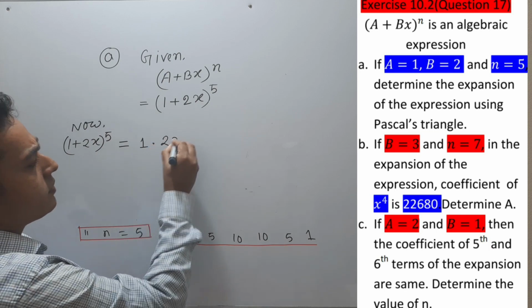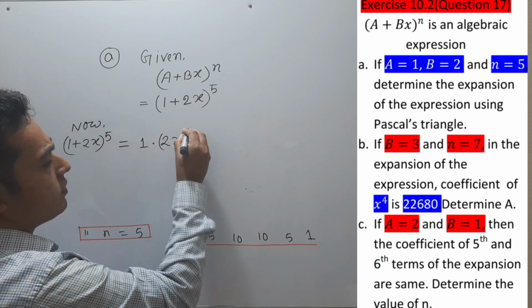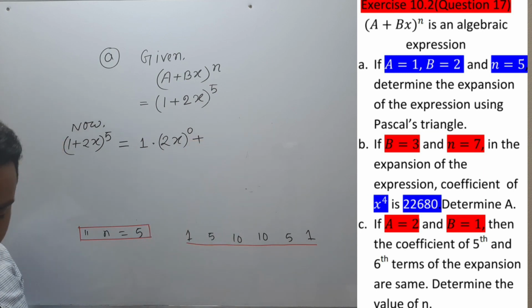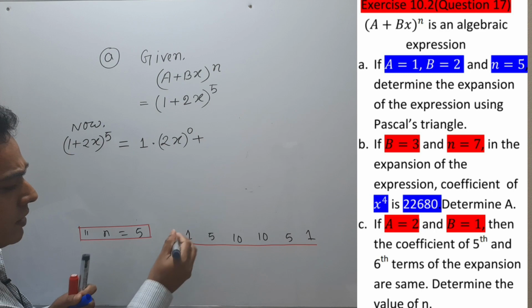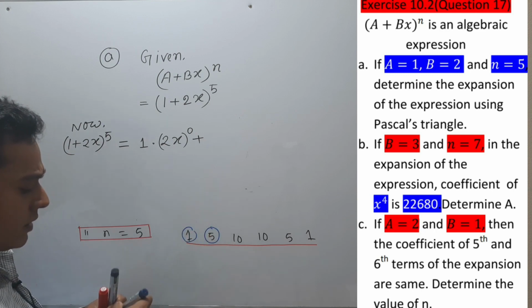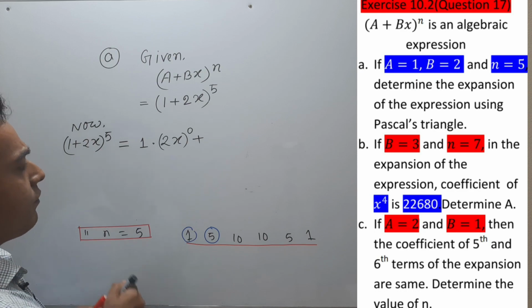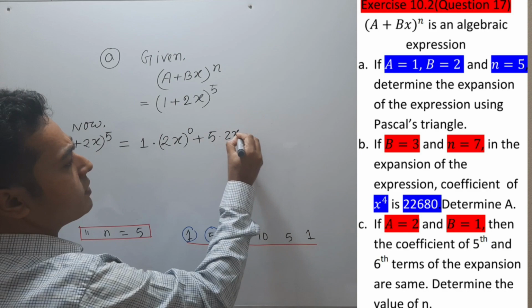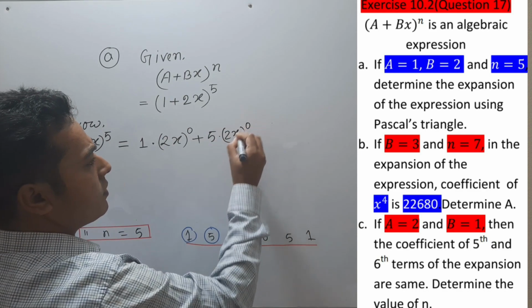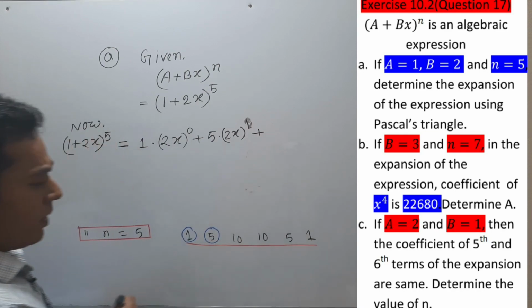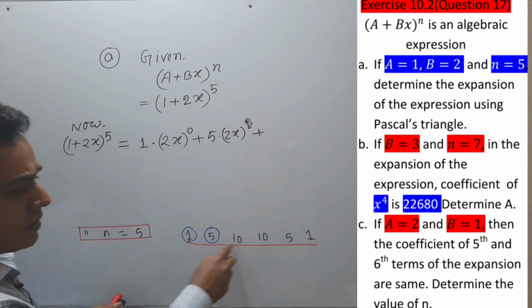Okay, (2x)^0, and our second coefficient is, 1 is gone, and now our second coefficient is 5. Okay, so 5 into our second term 2x to the power 1, and our next coefficient is 10.